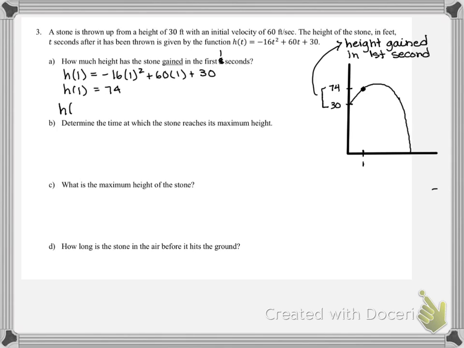So h of 1 is the height I am at after a second. And then if I take my initial height away from that, we get 74 minus 30. So that tells me that we gained 44 feet.